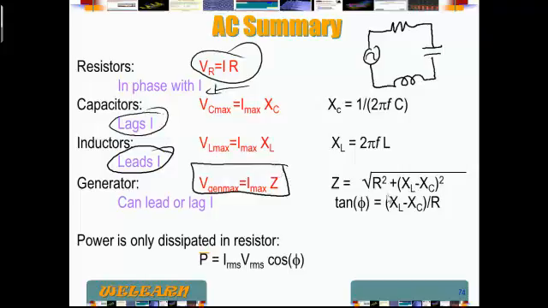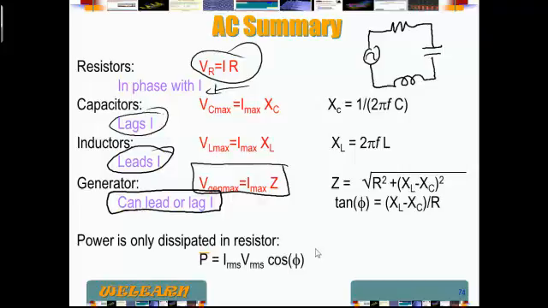We can find it by square root of R squared plus XL minus XC squared. Its phase angle is the inverse tangent of XL minus XC over R. It can lead or lag I depending on the values of XL and XC.